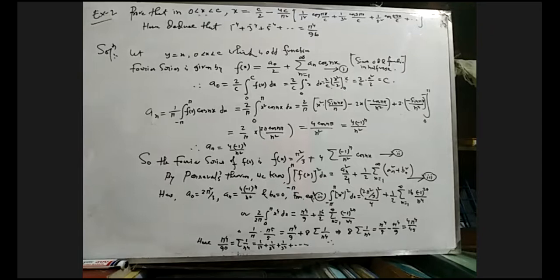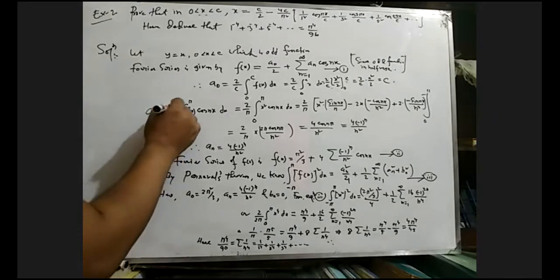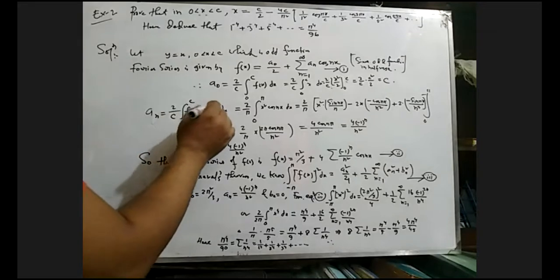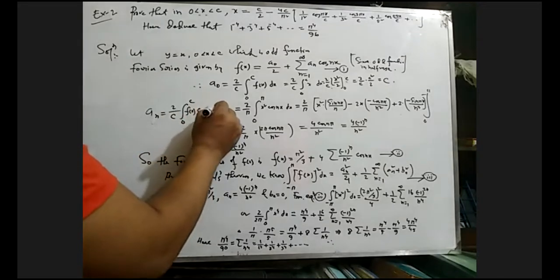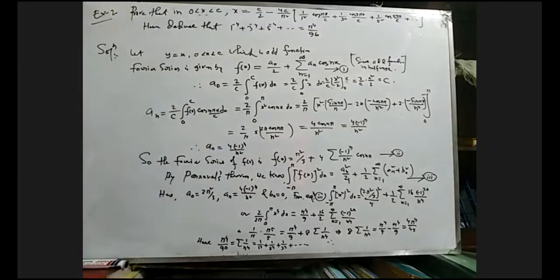Now an will be, similarly, by the formula, 2 by c, integral 0 to c of f of x cos n pi x by c, because for half range, remember it, we have to use this formula.